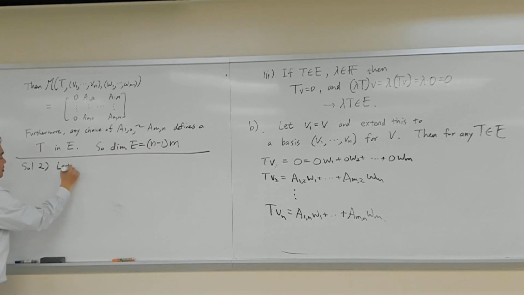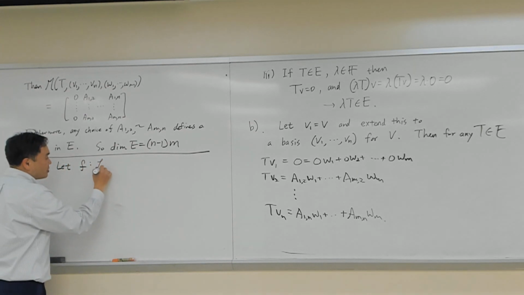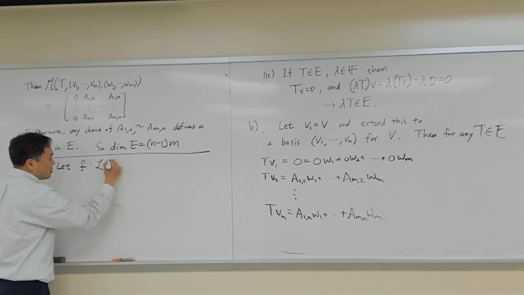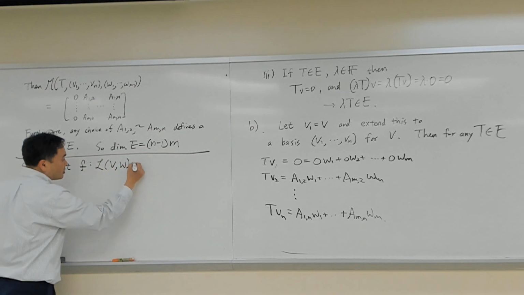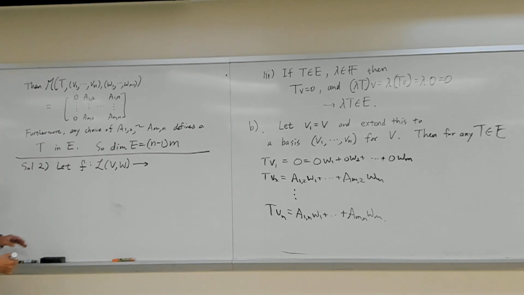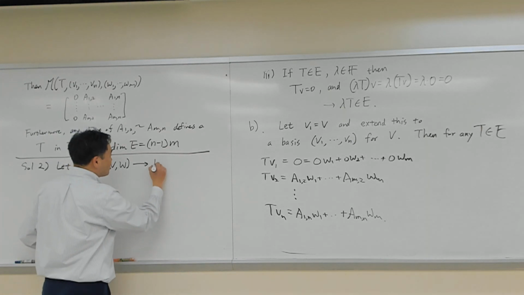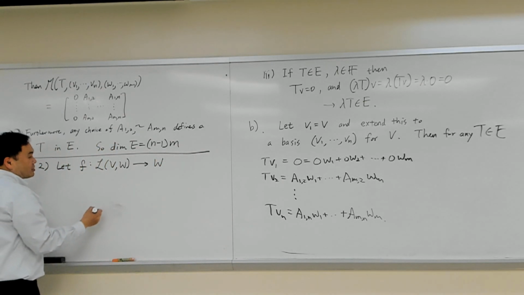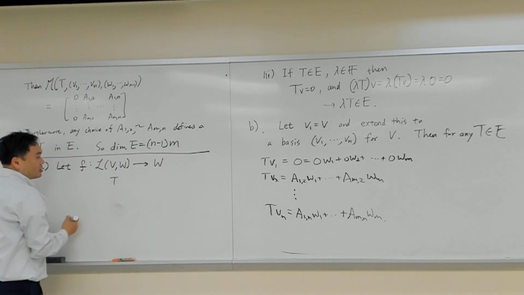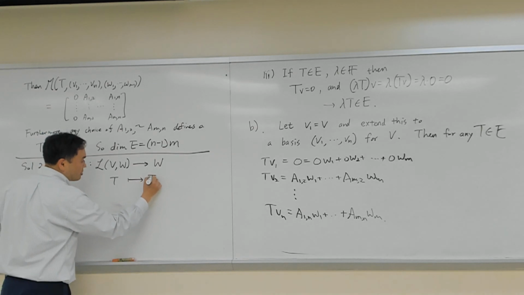Let F be a map from L(V,W) to W by taking an element T and sending it to Tv.